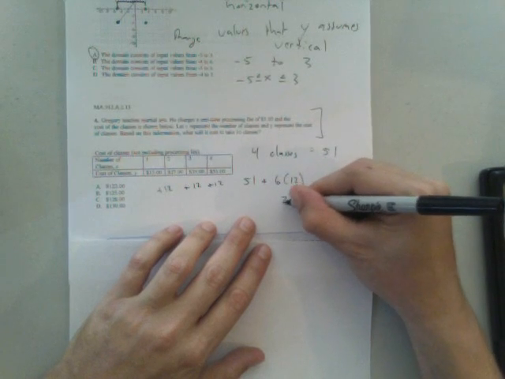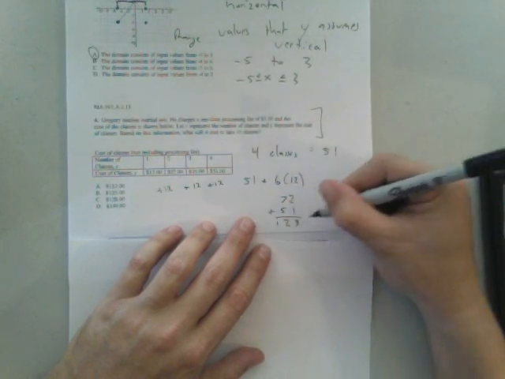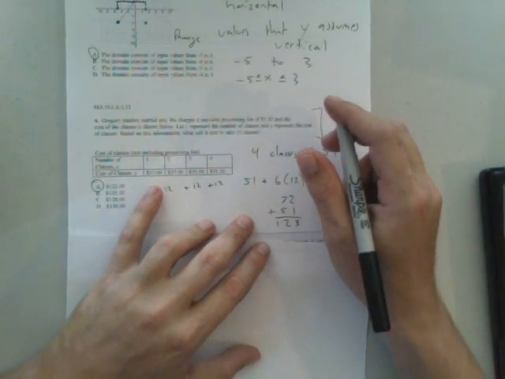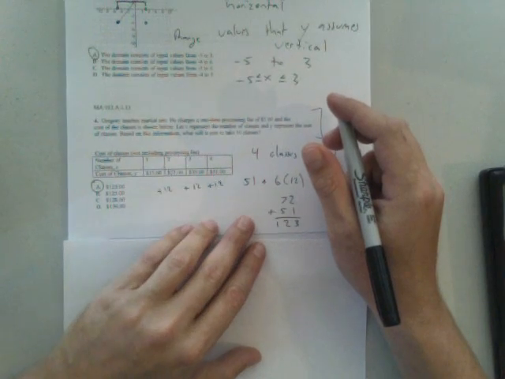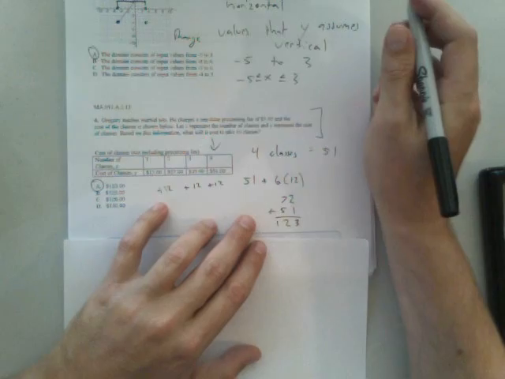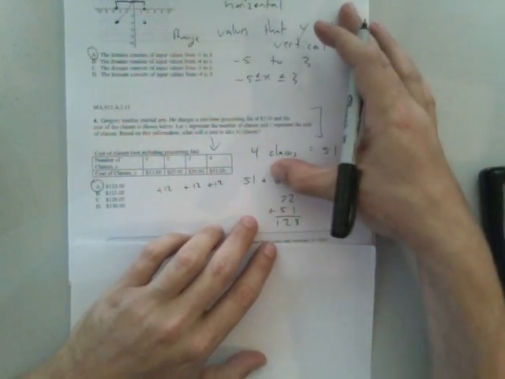And then 6 times 12 is 72 plus 51, $123. So it's $15 plus 12x if you want to use the equation. But you already have what 4 cost you, so you just use that. This represents the first 4, and then the next 6 are $12 each.